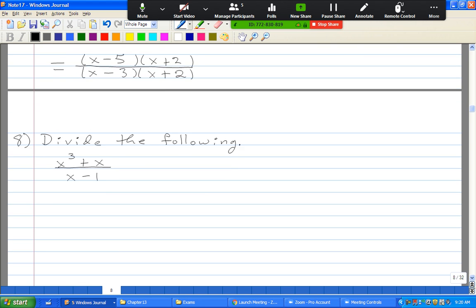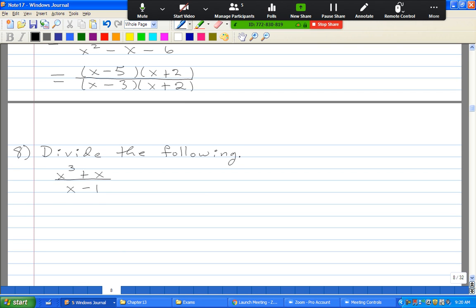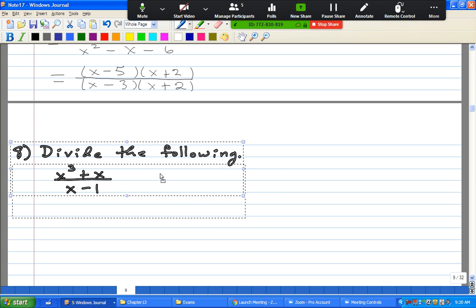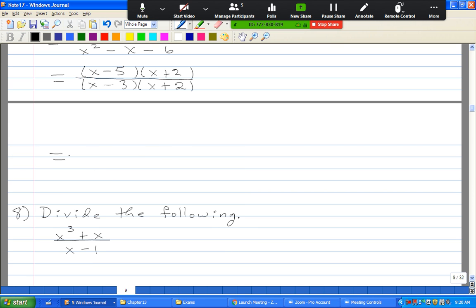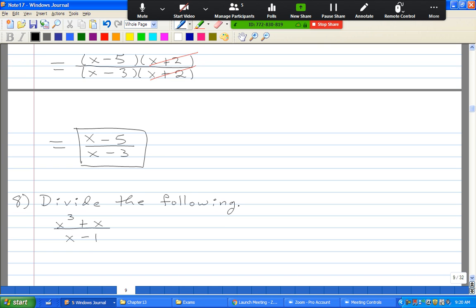I should say that I'll write the root with largest absolute value first, if I did that sort of dropping of those signs. And so this is equal to, well, I can cancel out the x plus 2's. So I get x minus 5 over x minus 3. And that is your answer.